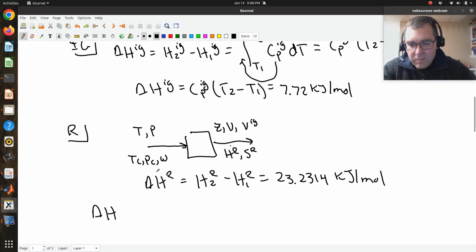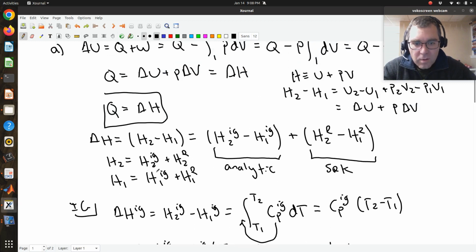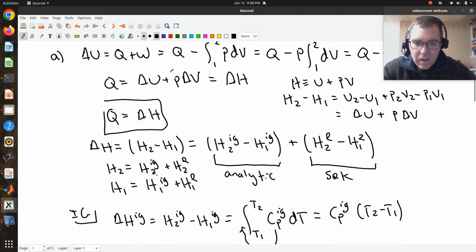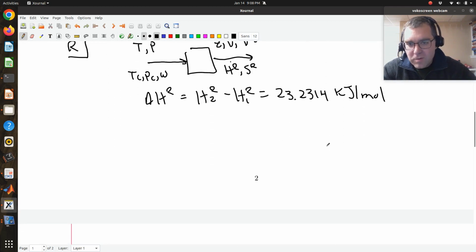Oh, and actually I have that up above. Q is delta H. Yeah, it's delta H ideal gas plus delta H residual. I guess I didn't have a spot for it, so let me write it here.